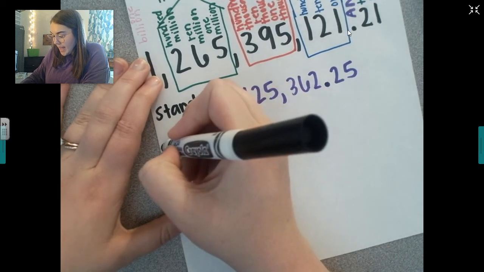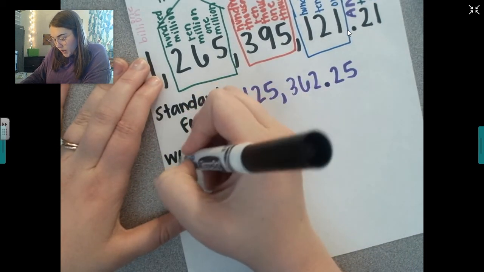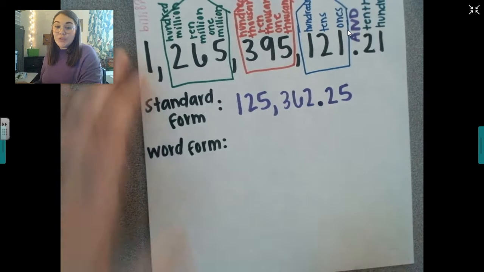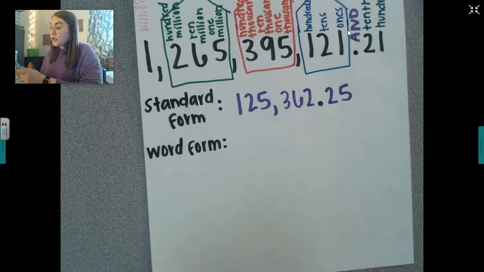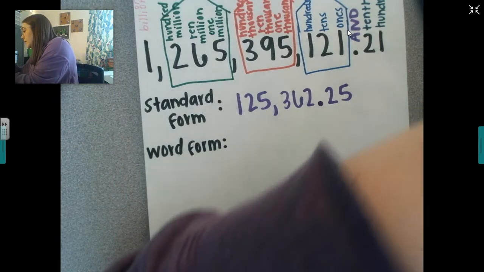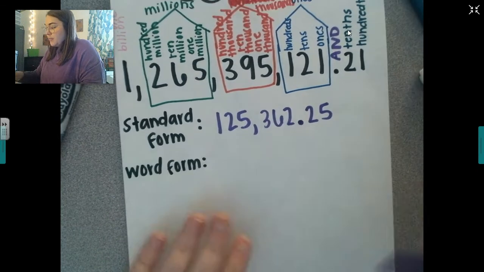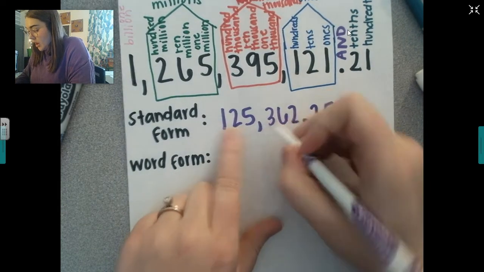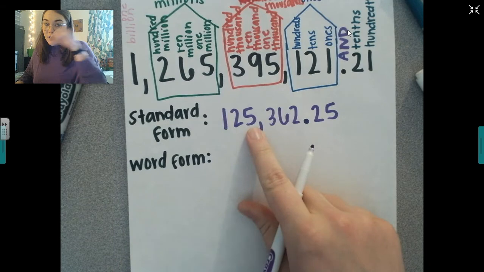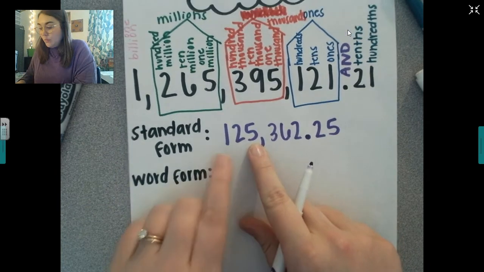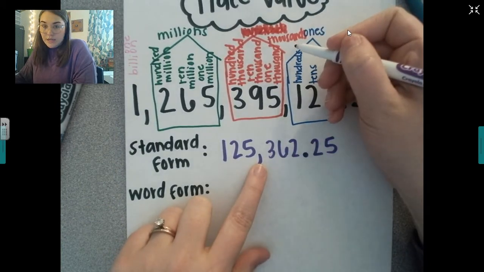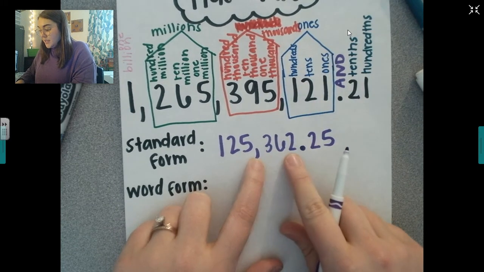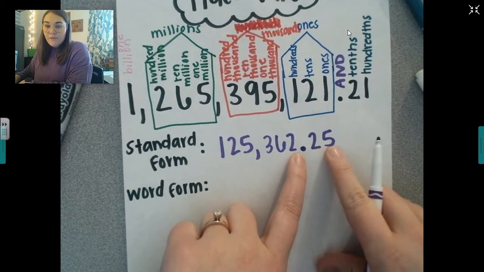Next, we have word form. And this is the one where we put the number into words. So to put this one into words, we would start off by reading this number out loud. So remember, we read at the commas, 125. That's what that number is until we get to the comma and we read the period that it's in. 125,362 and 25 hundredths.